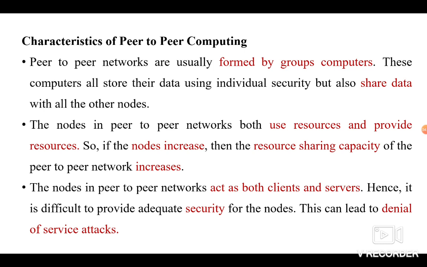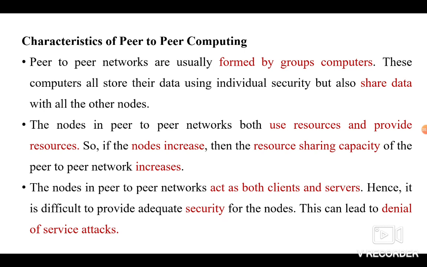As we have discussed already, the main characteristics of peer-to-peer computing are: usually the peer-to-peer networks are formed by a group of computers. All the computers have individual security, but also they share data with the remaining nodes.